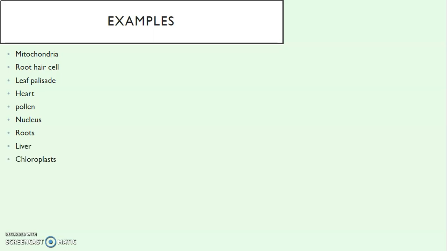So the ones I'd like you to sort into those different columns of your table is mitochondria, root hair cell, leaf palisade, heart, pollen, nucleus, roots, liver, chloroplasts, muscle tissue, nervous system, leaf, vascular system in plants, digestive system. When you've got those in, nerve cell as well.